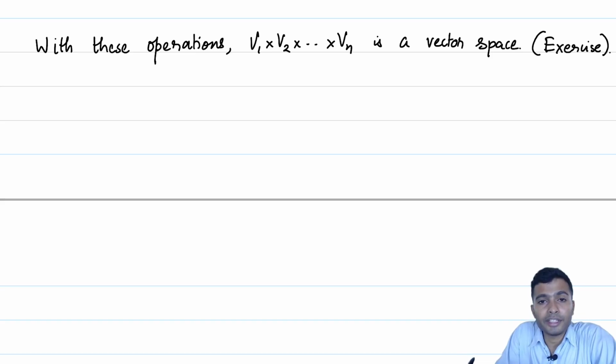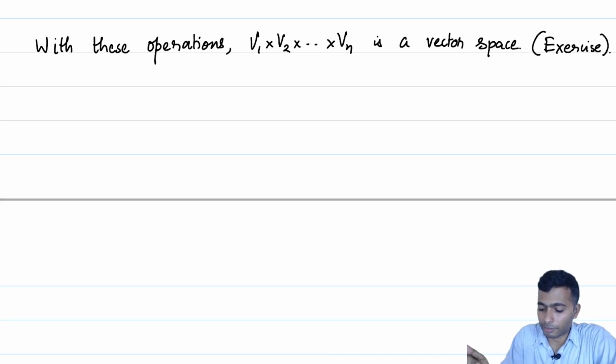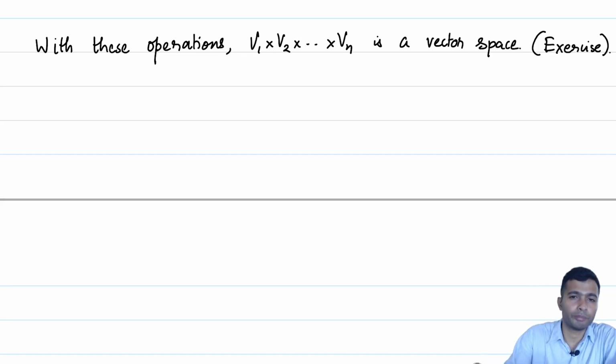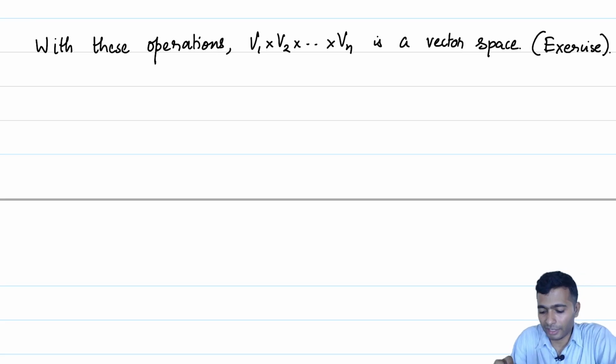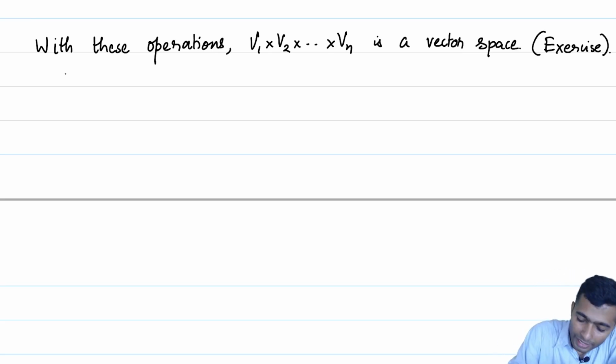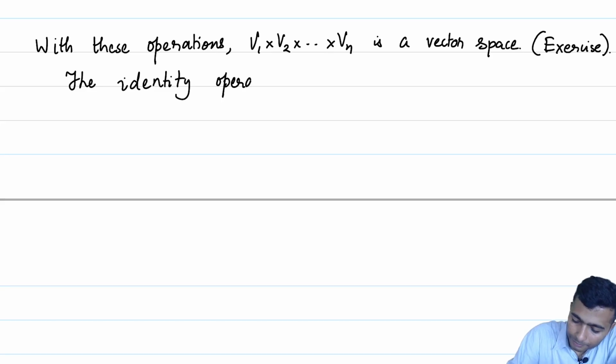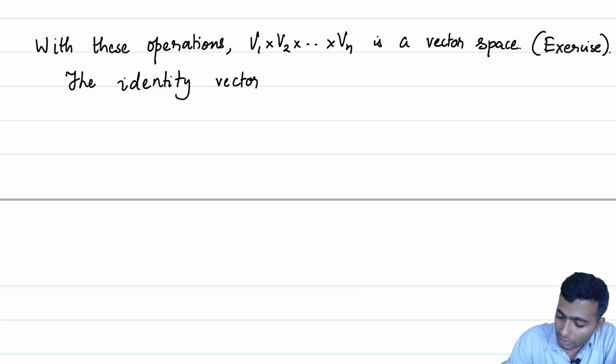What will be the additive identity of this vector space? The additive identity of V1 cross V2 up to Vn should be the tuple 0, 0, 0, 0, 0, where each of the zeros is the identity in the corresponding vector space. So, the additive identity vector. This is the additive identity that we are discussing in V1 cross V2 up to Vn.